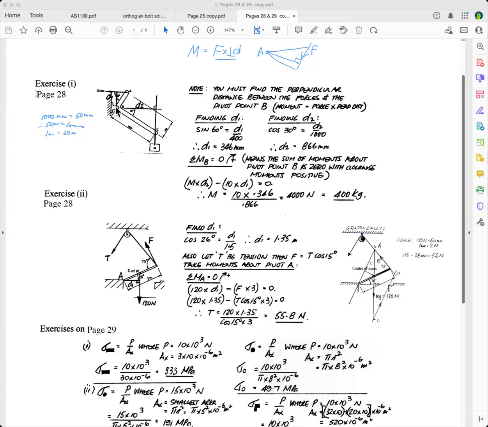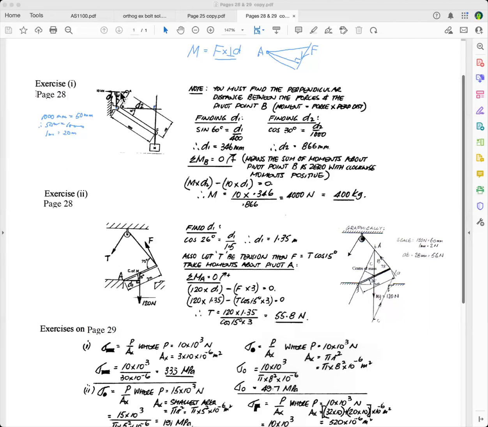And here's D1. It's a bit squiggly here, and you call that D1, and we know that distance there, which is 450, I think. I can't read that there. And so we're going to use sine.